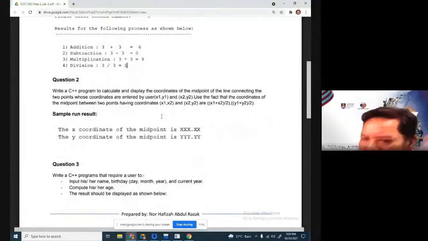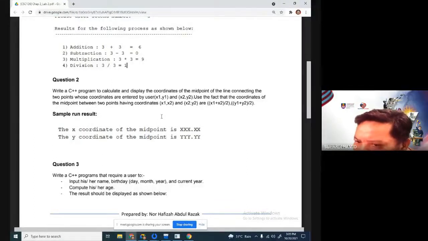Write a C++ program to calculate and display the coordinates of the midpoint of the line connecting the 2 points whose coordinates are entered by the user: x1, y1, x2, y2. Use the fact that the coordinates of the midpoint between 2 points are (x1 plus x2) divided by 2, and (y1 plus y2) divided by 2.